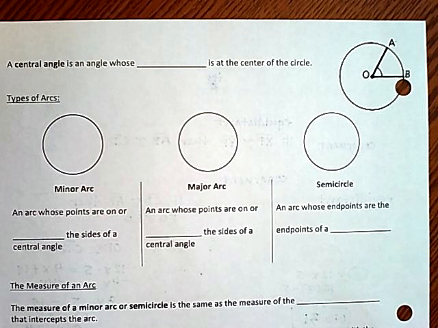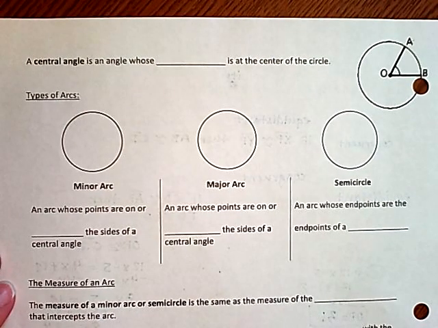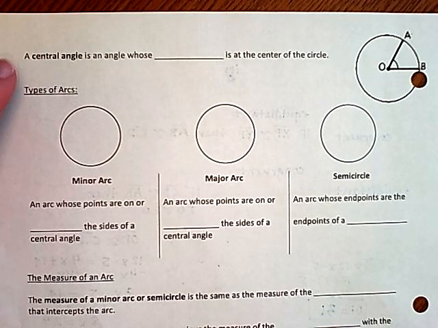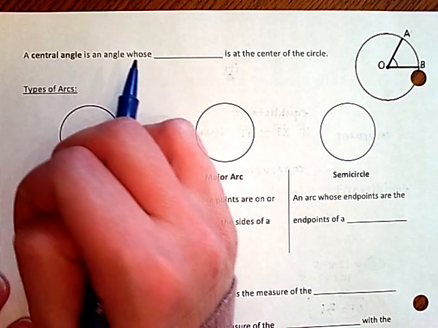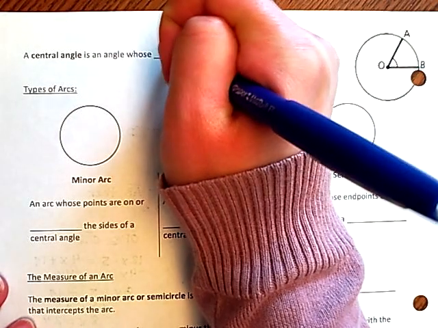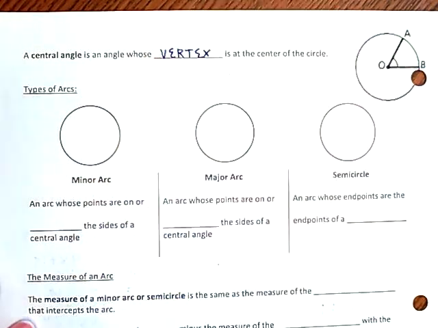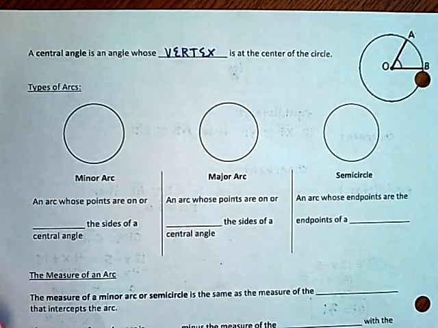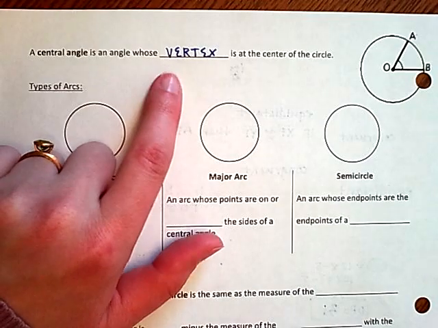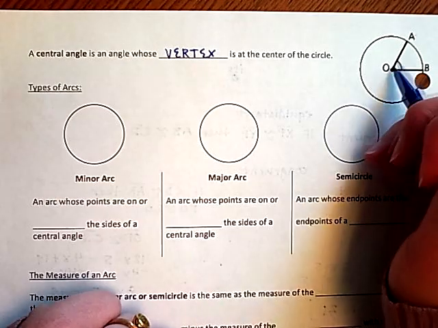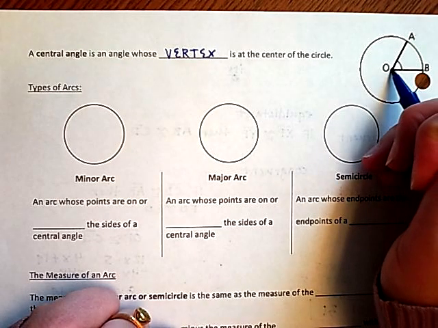So a lot of times we talk about arcs in terms of specific central angles. So I want to define what a central angle of a circle is. We say a central angle is an angle whose vertex is at the center of the circle. Remember that the vertex of the angle is where the two rays come together, right?